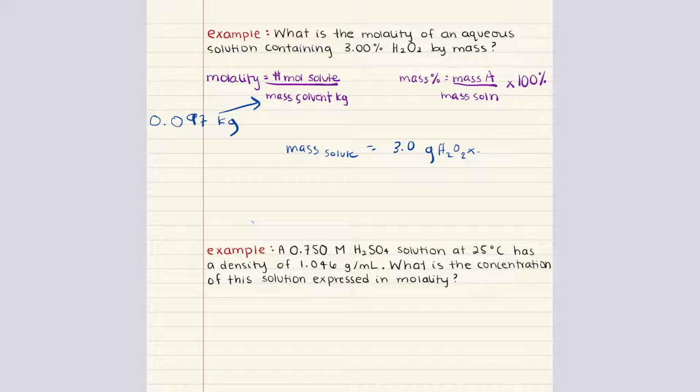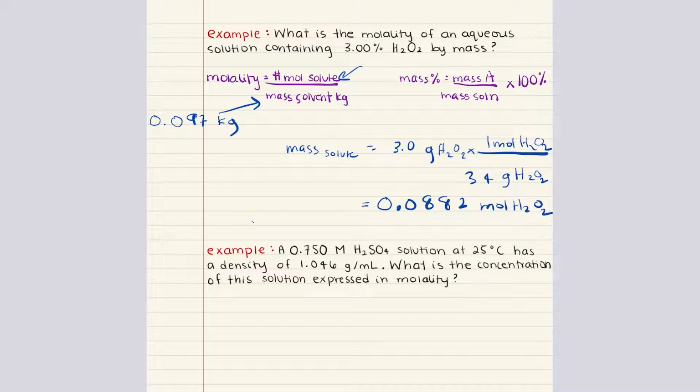The molar mass for hydrogen peroxide is that 1 mole is equal to approximately 34 grams of hydrogen peroxide. If we plug this into a calculator, we're going to get that we have 0.0882 moles of hydrogen peroxide.